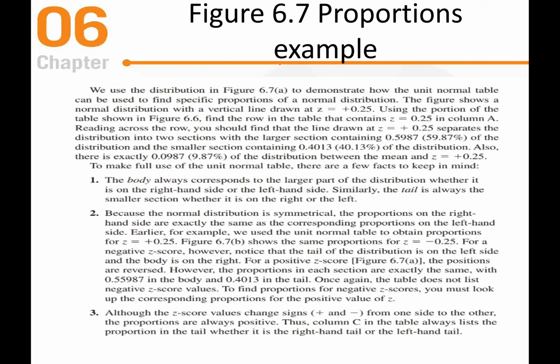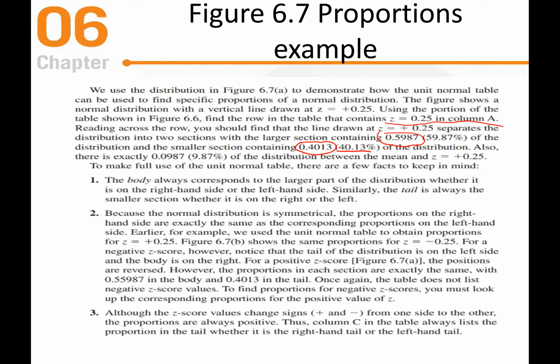So using the proportion table shown in figure 6.6, we're going to find the row in the table that contains a z-score of 0.25 in column A. Now, reading across the row, you should find that the line drawn at z equals positive 0.25 separates the distribution into 2 sections, with the larger section containing 0.5987 or 59.87% of the distribution, and the smaller section containing 0.4013 or 40.13% of the distribution.